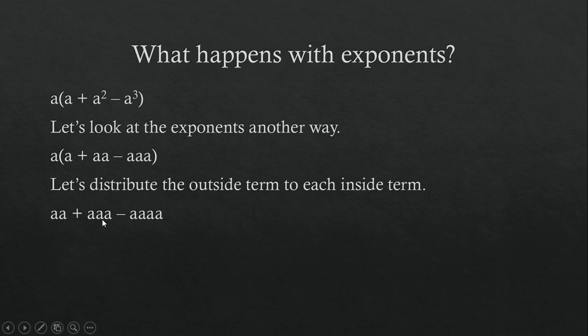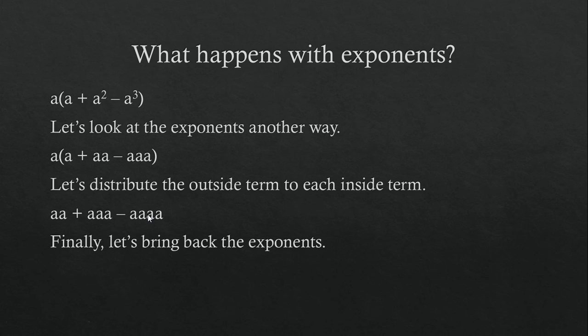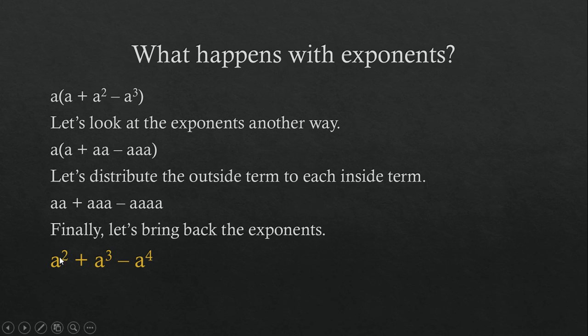This now has 2, this now has 3, this now has 4. Now we can bring those exponents back. And when we do that, we have a squared plus a cubed minus a to the 4th power. So all we did was add to the exponent, I should say. That's all we have to do.